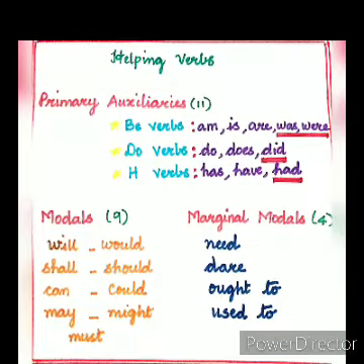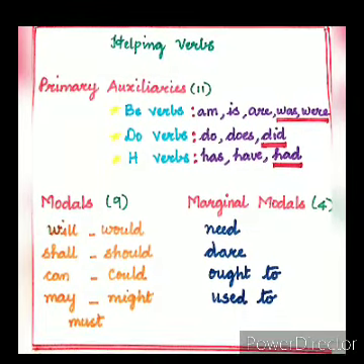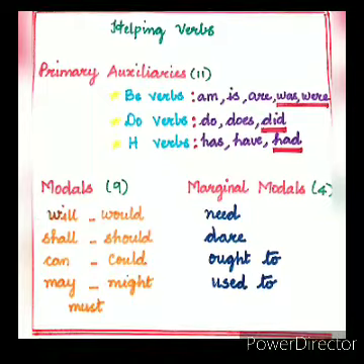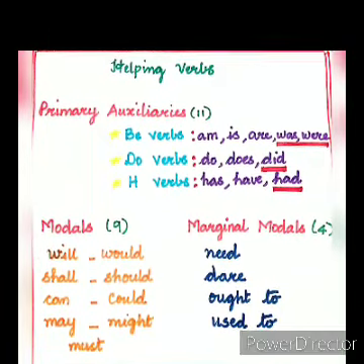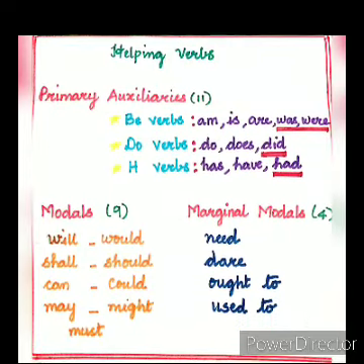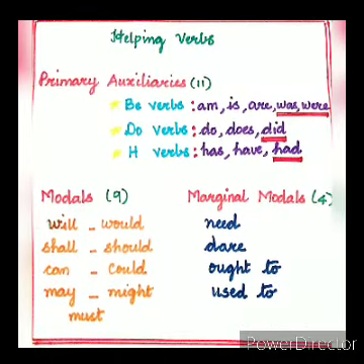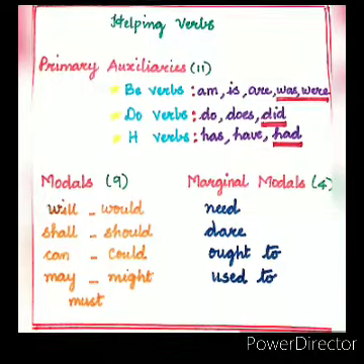There are 11 primary auxiliaries which are further classified into 3. First one, be verbs. We have 5 be verbs: am, is, are, was, and were.